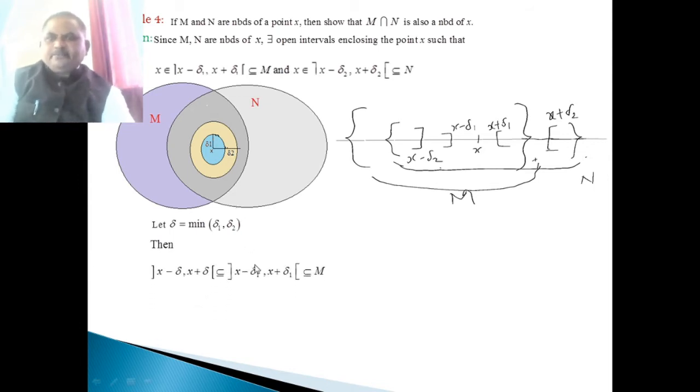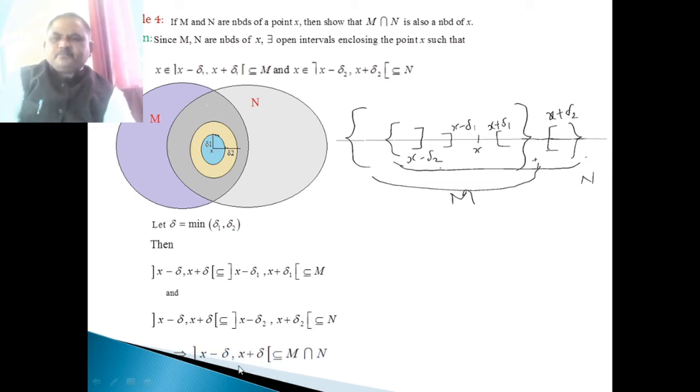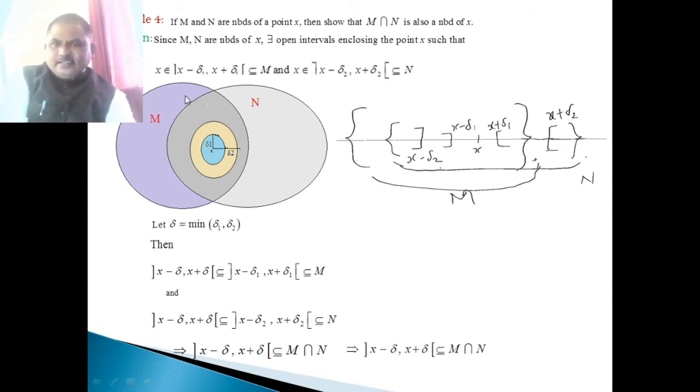Then the point x belongs to this open interval, but this open interval is a subset of or equal to the first open interval, and that is a subset of or equal to M. Similarly, the open interval with delta, the minimum of delta 1 and delta 2, is a subset of or equal to the second open interval, which is a subset of or equal to N. This implies from these two relations that x belongs to the open interval (x minus delta, x plus delta), which is a subset of or equal to the intersection of these two sets.